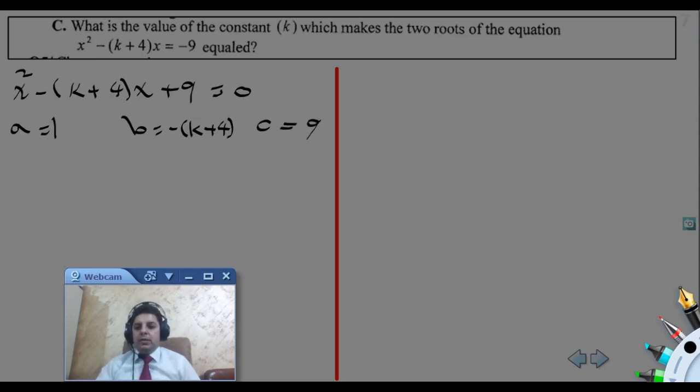What is the discriminant? Because the two roots are equal, then the discriminant delta equals 0. What is the law of the discriminant? B squared minus 4ac equals 0. That is b, that is a, and that is c.